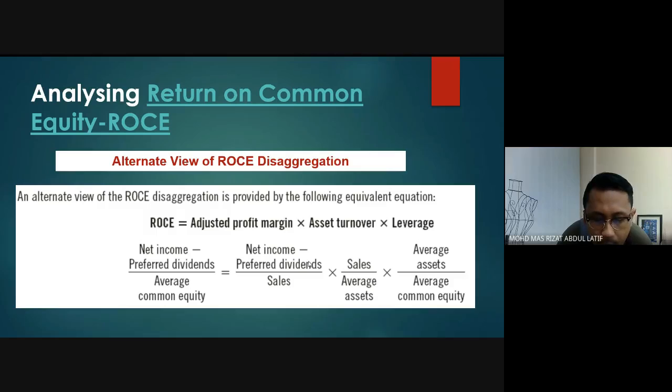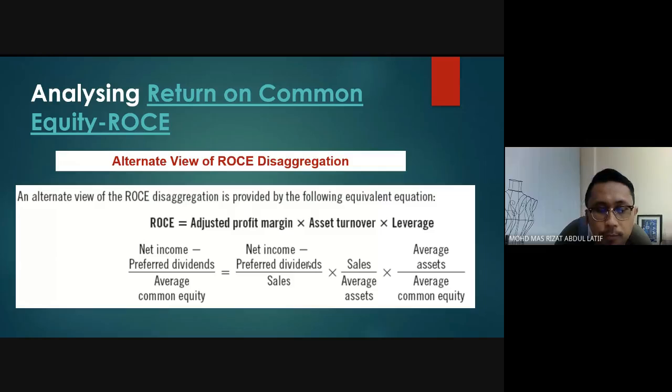So creditors usually receive a fixed return on their financing. Preferred shareholders usually receive a fixed dividend. Yet common shareholders are provided no fixed or promised returns. So these shareholders have claims on the residual earnings of a company only after all other financing sources are paid. So accordingly, the return on shareholders' equity is most important to the common shareholders.